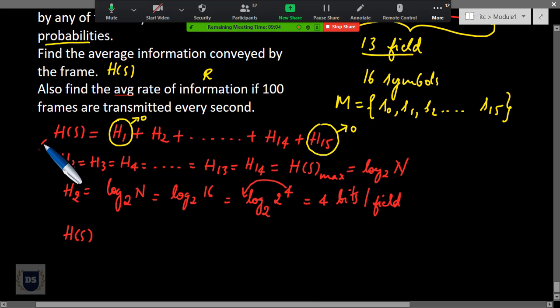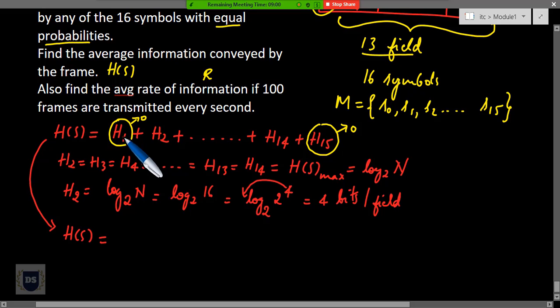I'll make use of this formula again back here, and by now we already know that H1 as well as H15 are equal to 0, and the remaining H's are all having equal values. So I'll use only one H and just multiply it with 13. The H2 value is 4 bits per field, so I'll get 4 times 13, and 4 times 13 is 52 bits per.